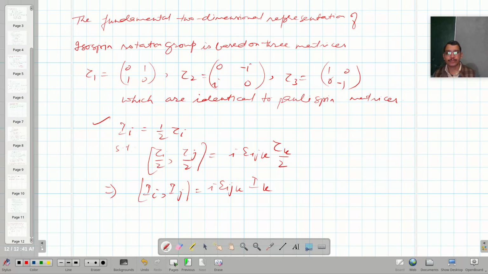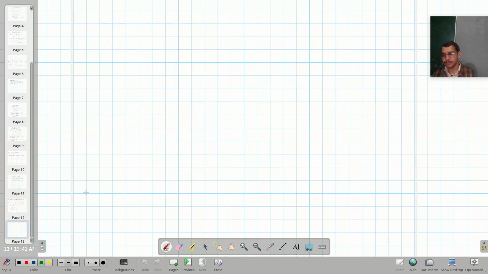Also, I3 has 2I plus 1 eigenstates, that is minus I and so on up to plus I in steps of 1.